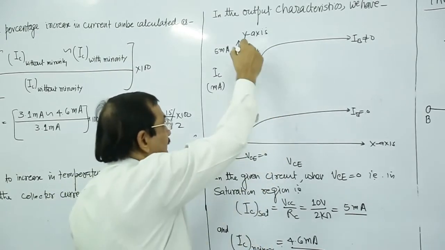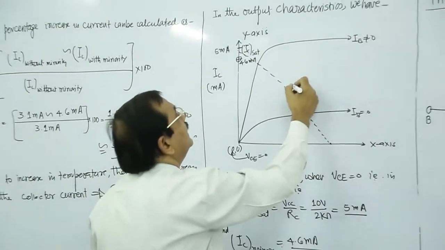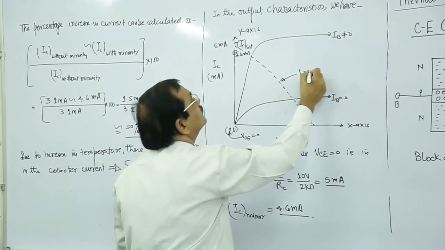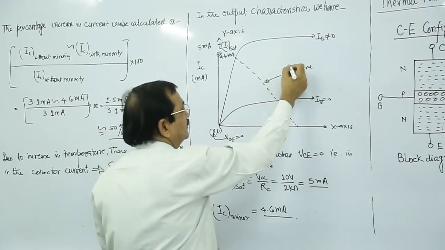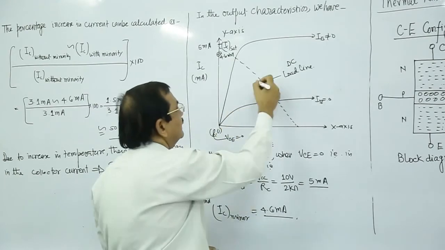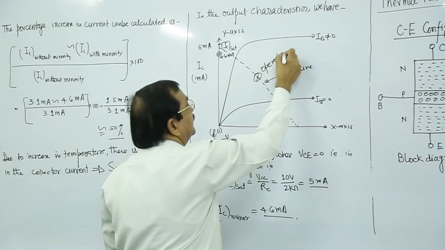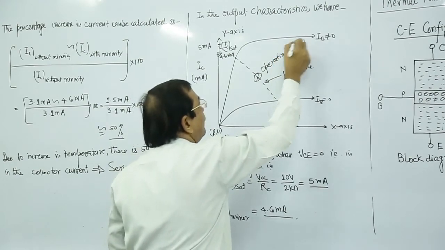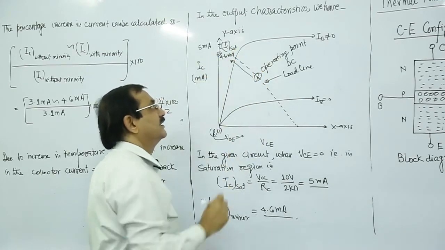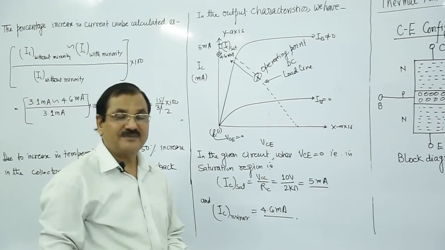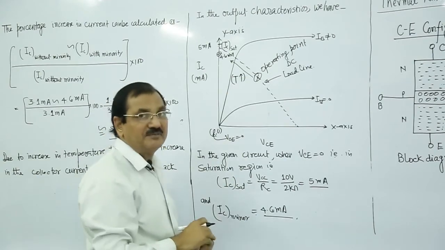So what will change? This is the load line. On this DC load line, there is a Q point, the operating point. So this operating point will shift in this way when the temperature increases.